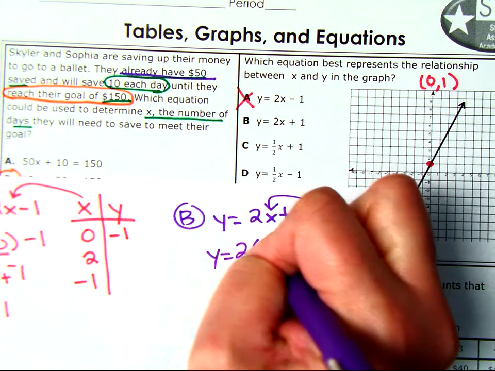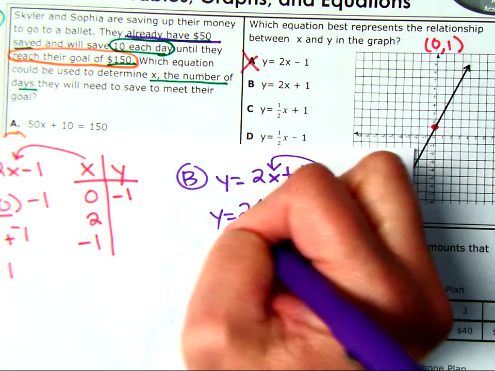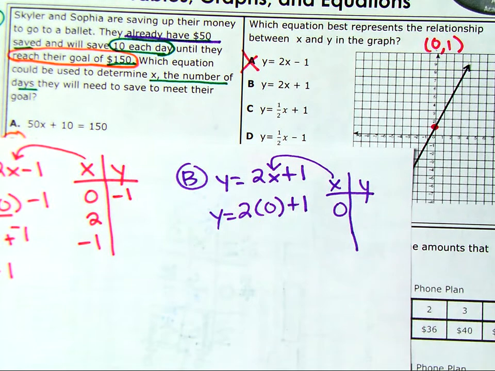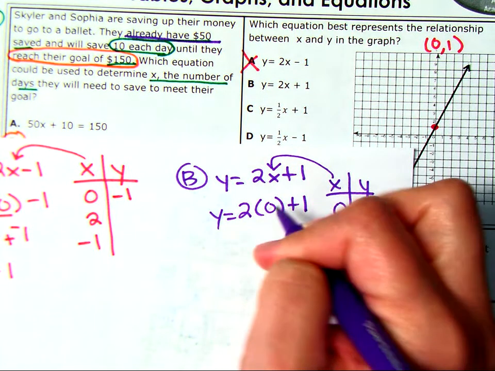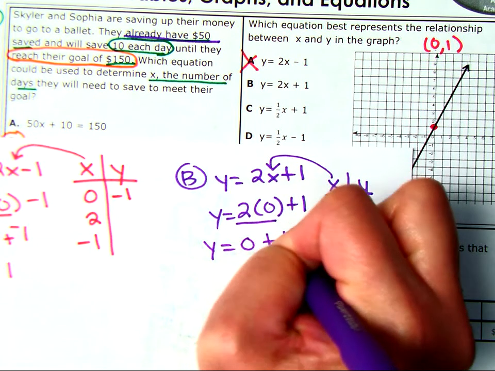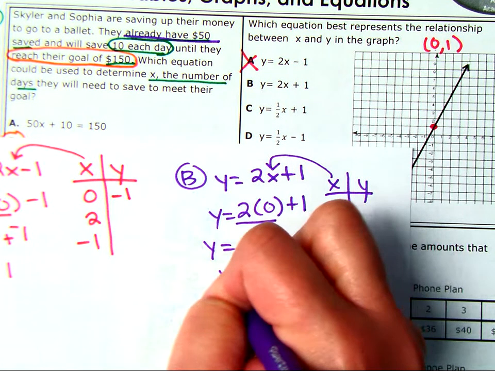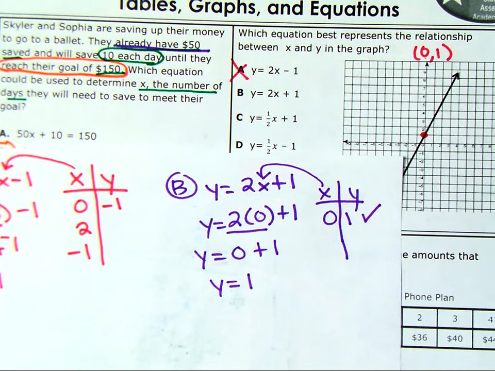So 2 times 0 plus 1. Again, order of operations. For grouping symbols, we do see parentheses, but there's no math to do inside them. There are no exponents, so we go to multiply and divide. 2 times 0 is 0. Bring down the plus 1. If you have 0 and you add 1 to it, you get 1.